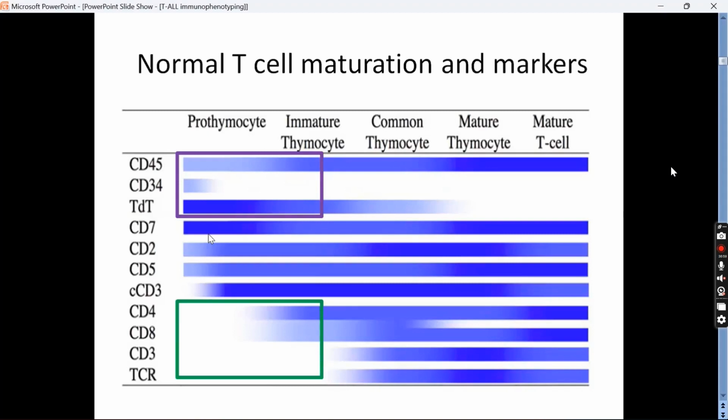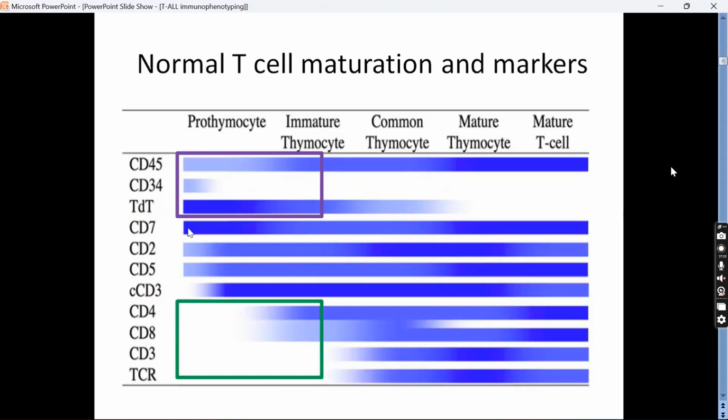That cannot be taken as aberrant. It's a part of normal maturation. When to call that abnormal is when the CD7 is shown in a good moderate fashion or in a bright fashion, or when it is seen in a subset of myeloid blast which is CD38 negative, CD33 negative, or CD13 negative. Then it becomes an LAIP. So that is more related to MRD.